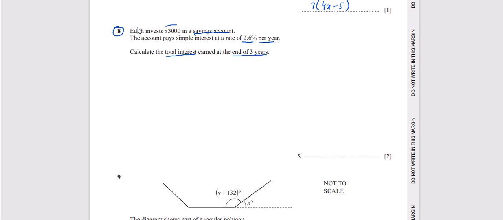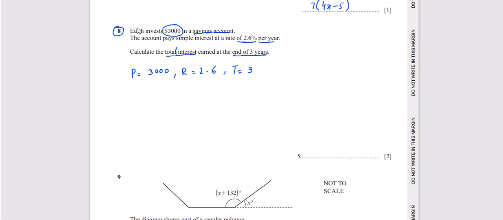The first value is principal, denoted by capital P, is equal to 3000, and the rate is equal to 2.6, and the time T is equal to 3 years.